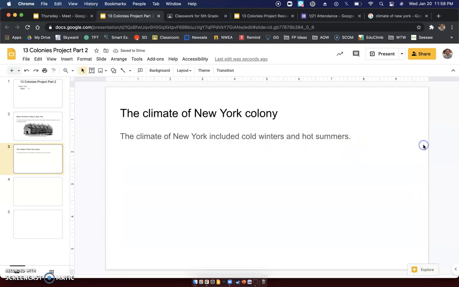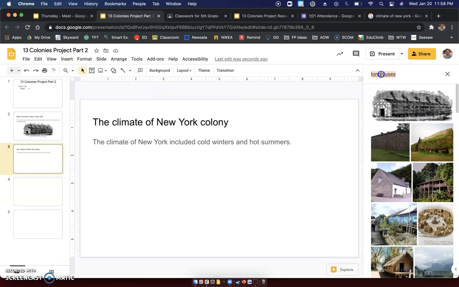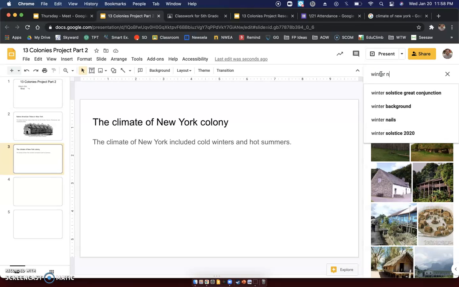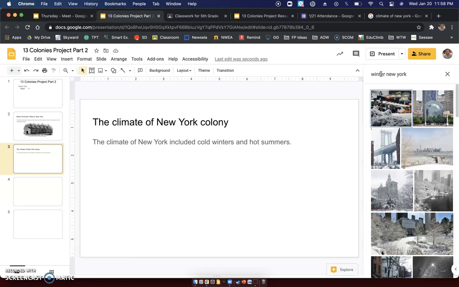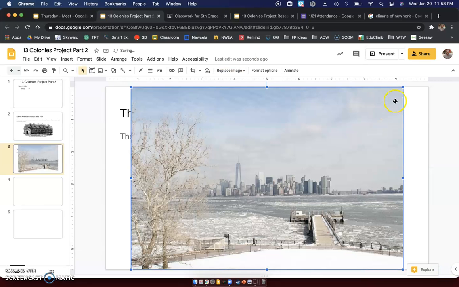All right, kind of similar to what we have here in Minnesota, where our winters are very cold and our summers are very hot. All right, so what I'm going to do here is insert a couple pictures. Winter in New York. Okay. There's one there. Winter in New York.